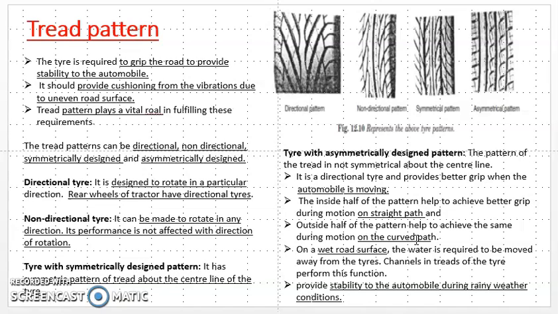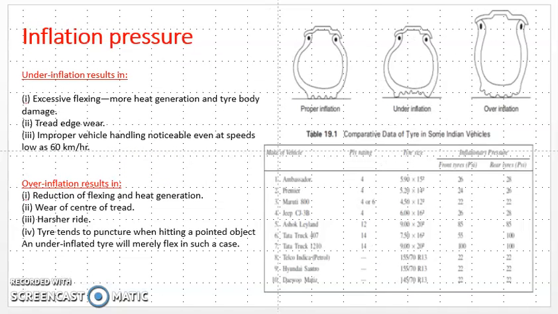When the vehicle is on a curve, the non-directional treads are in active position. When there is a rainy season or wet road surface, the water should move away from the tire, and that is handled by the channels provided on the asymmetrical pattern.